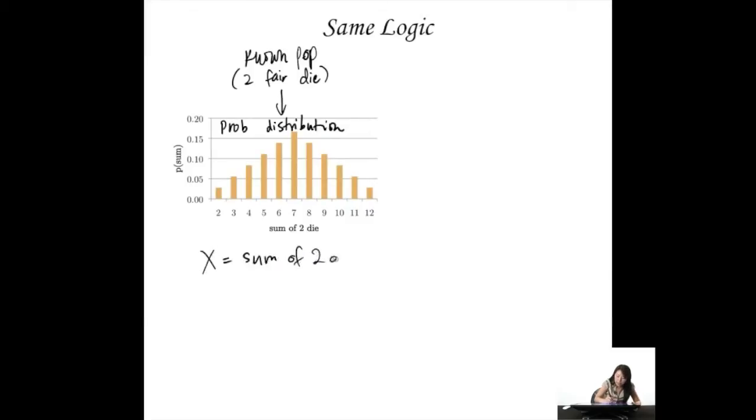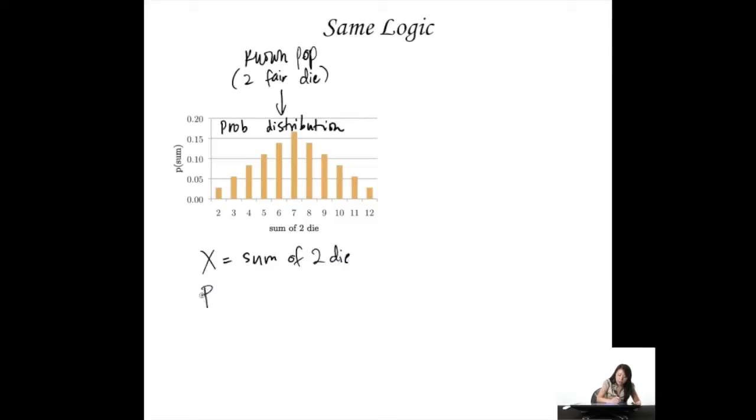Okay, but let's go over that example that we knew really well. So the known population here was 2 fair die that we rolled, right? And we generated this probability distribution, where x, the random variable, is the sum of 2 die.